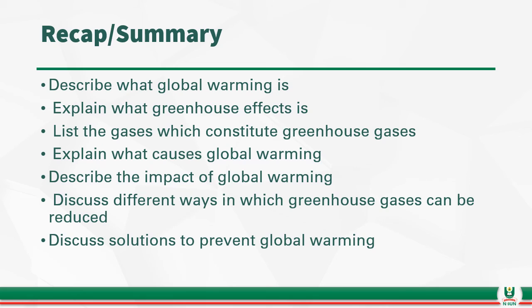Causes of global warming. Most global warming is being caused by increasing concentration of greenhouse gases that are produced by human activities. Also, we described the impact of global warming on society. We saw the flood, the plants turning brown, and so on.